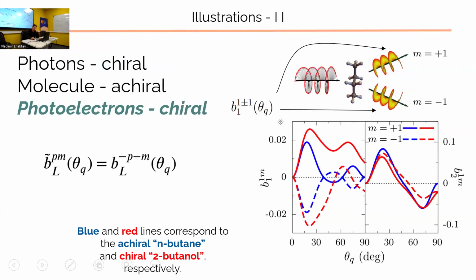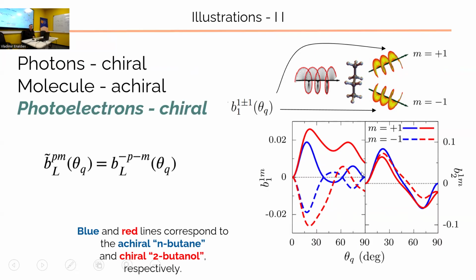The second case: we can consider a chiral ensemble of molecules with a chiral photon, and there will be chiral asymmetry in the photoelectrons with positive M and negative M. As you can see, there are solid lines and dashed lines, and there is a difference between them.